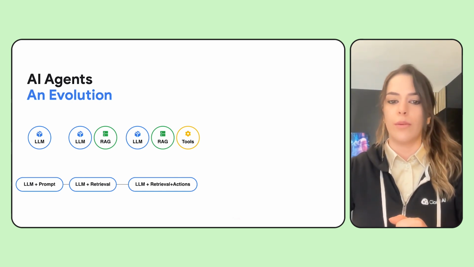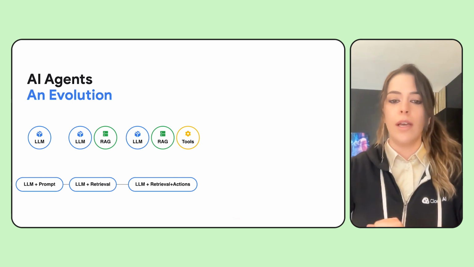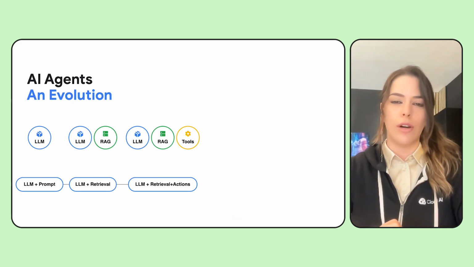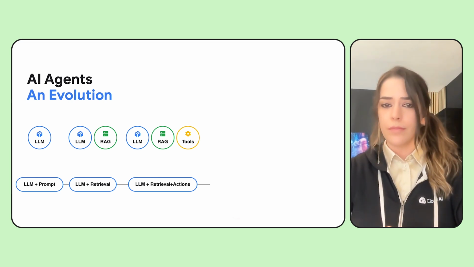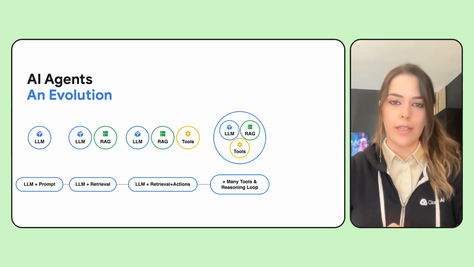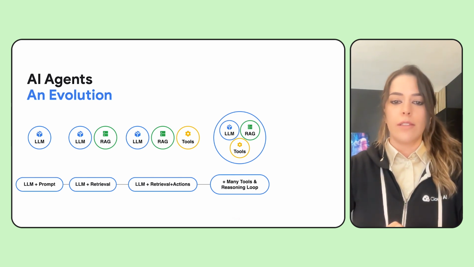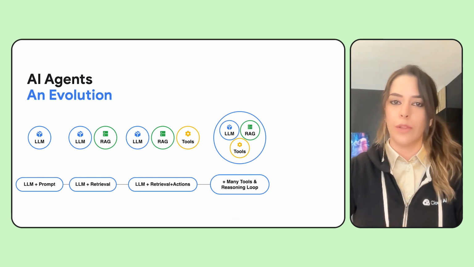So now, which you see in the model, we had the LLM, we had the RAG pipeline, and then we had the tools that we essentially hard-coded to the system for it to do stuff on our behalf. The next evolution, and this is where we come to the agents, that's the container that you see in the slide deck, is essentially having the same components: the LLM, the RAG pipeline, the tools.